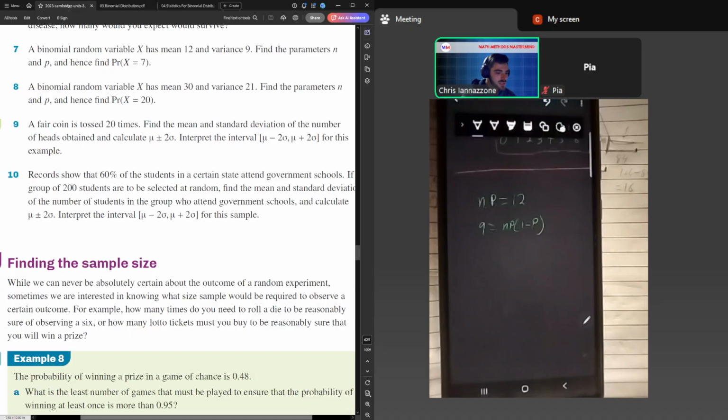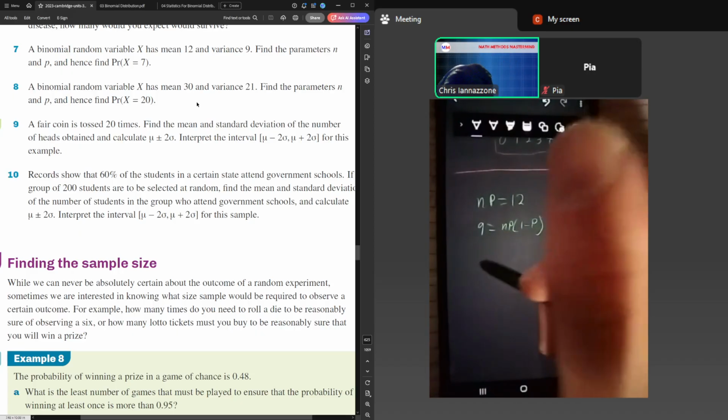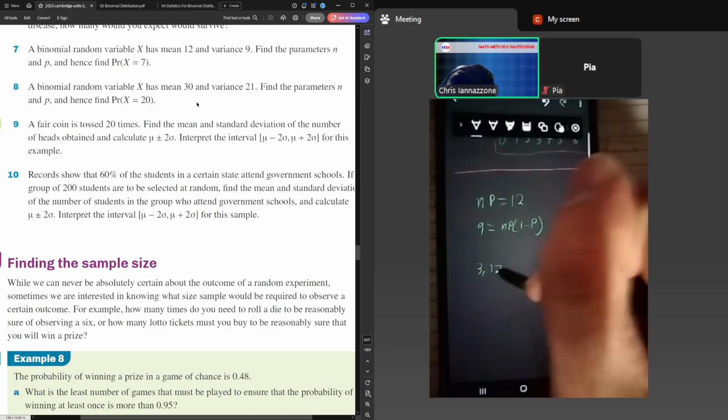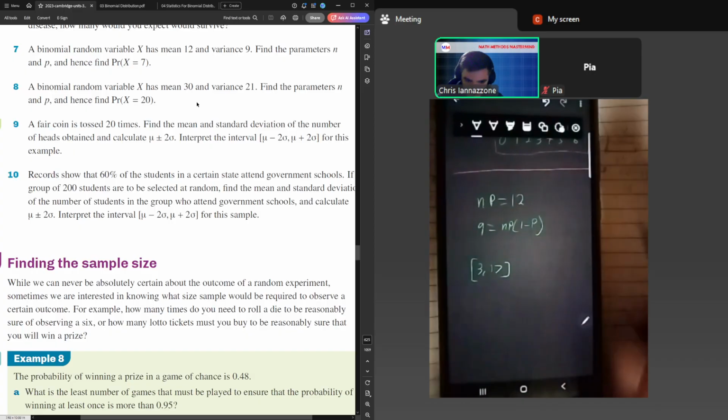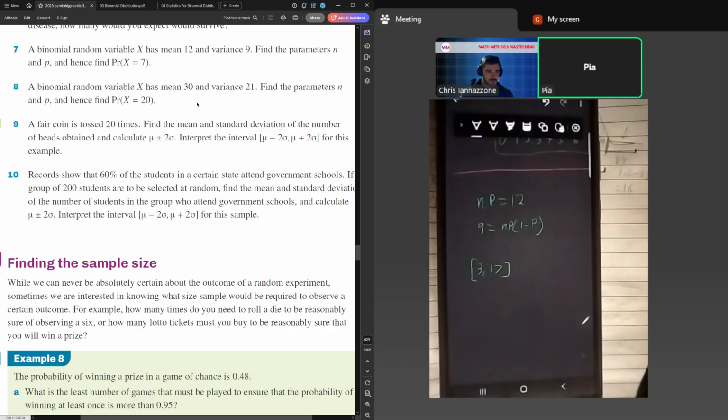Okay, it does say interpret the interval. So let's just say, for the sake of it, that our interval was 3 to 17. What does that actually mean if we had an interval from 3 to 17 as a result? Would it mean that from 3 to 17 times there was a head obtained?